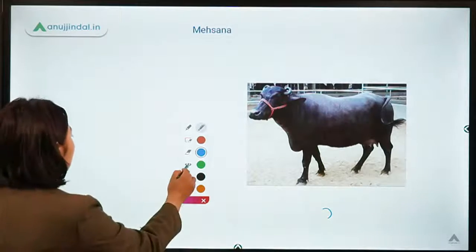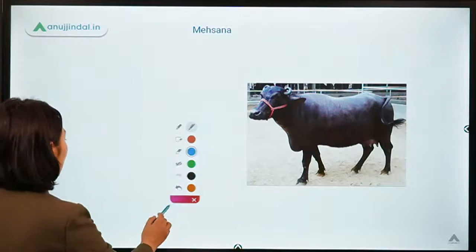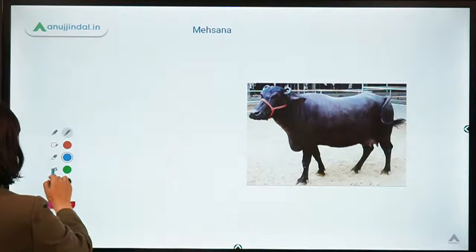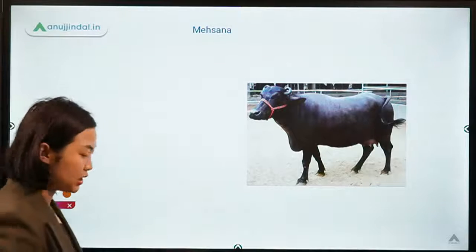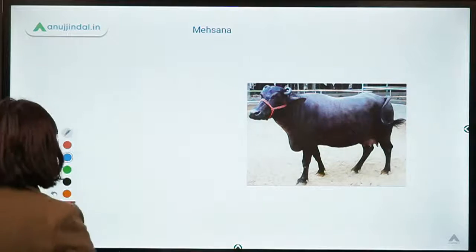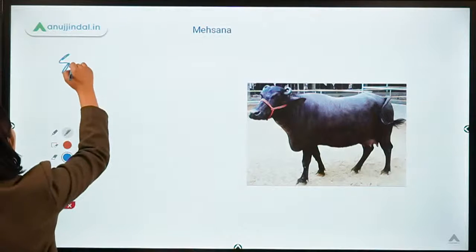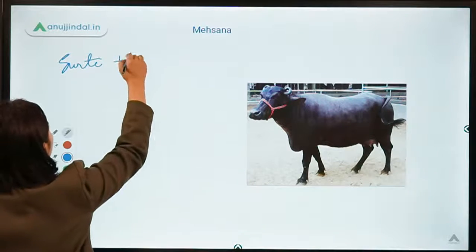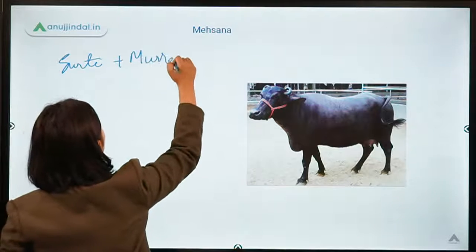The last one we have here is the Mehsana. One important thing you need to remember here is that Mehsana is actually a hybrid. This is a breeding done between Surti and Murrah.